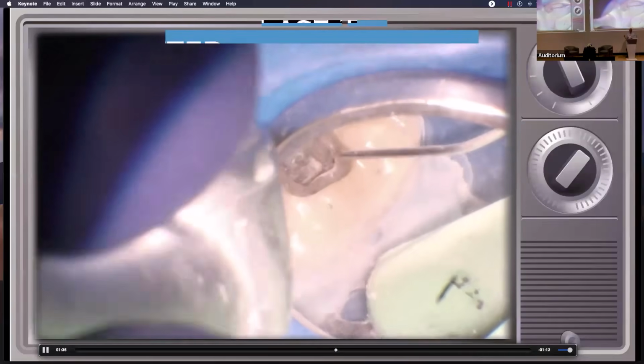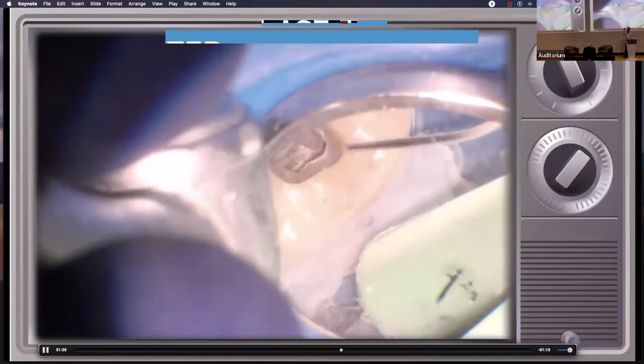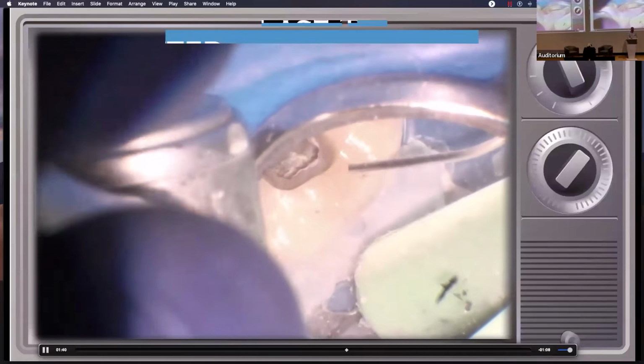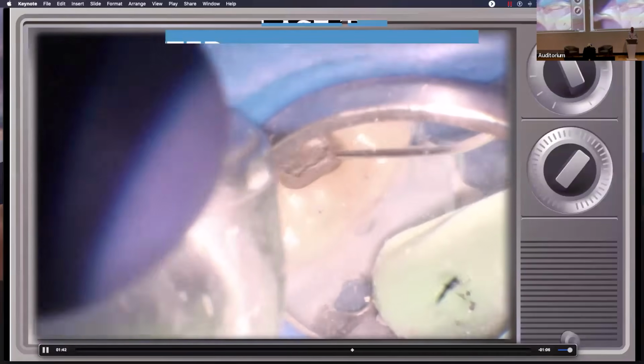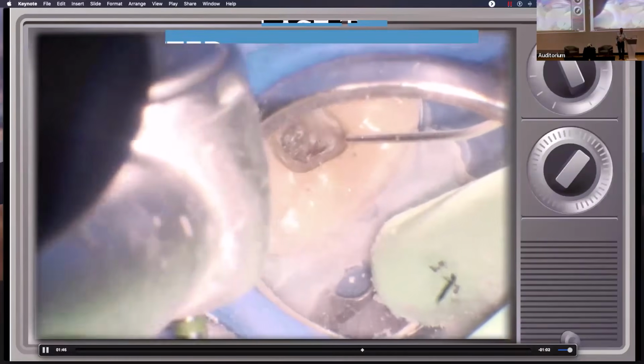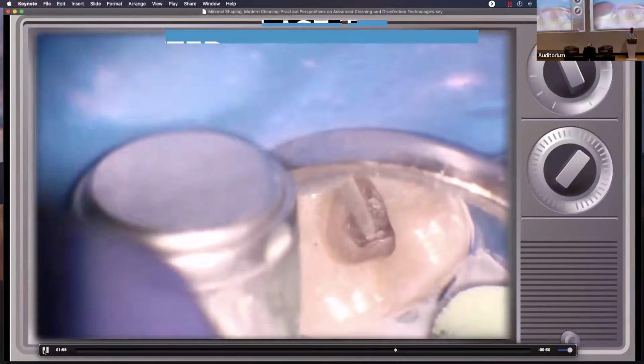ML. There we go. Pus coming up. Not a lot of people in the world get excited about pus coming up out of the tooth. Stuck in there. Reorient to get the distals.